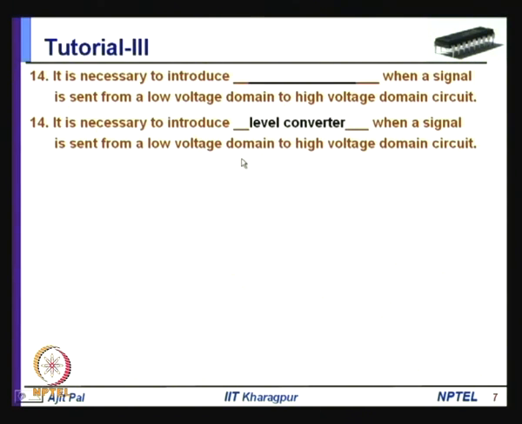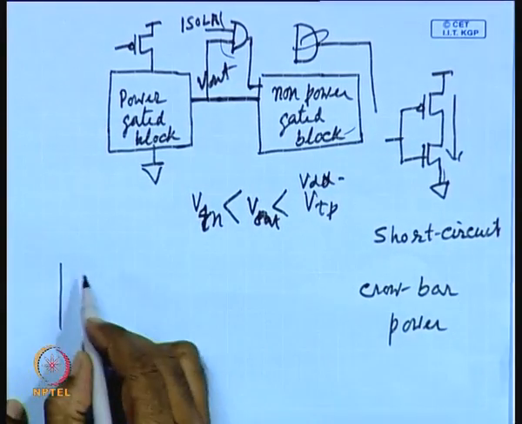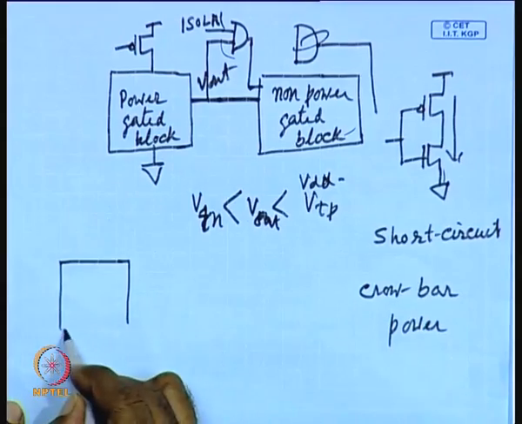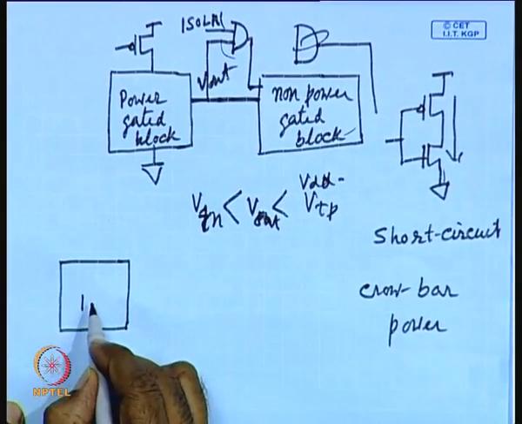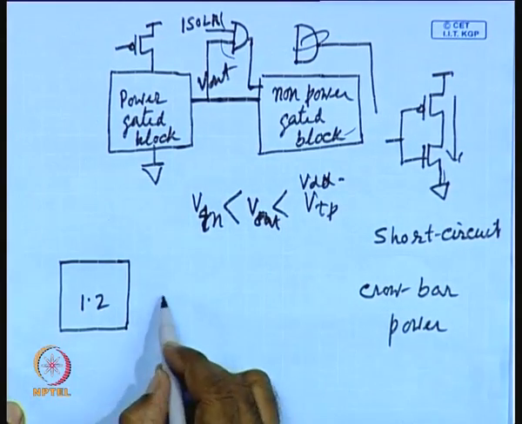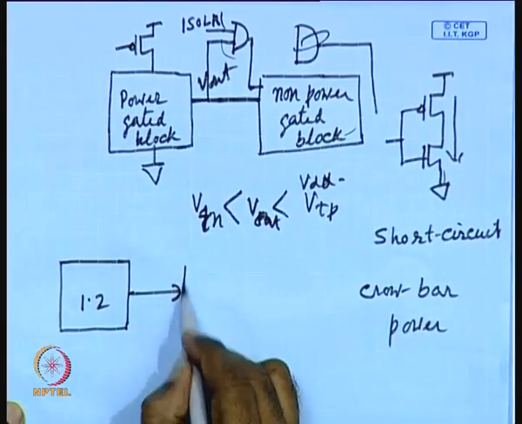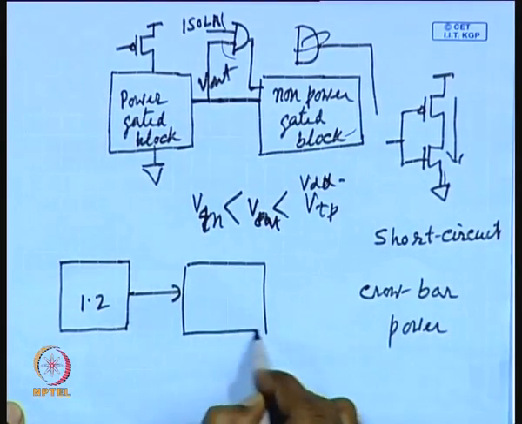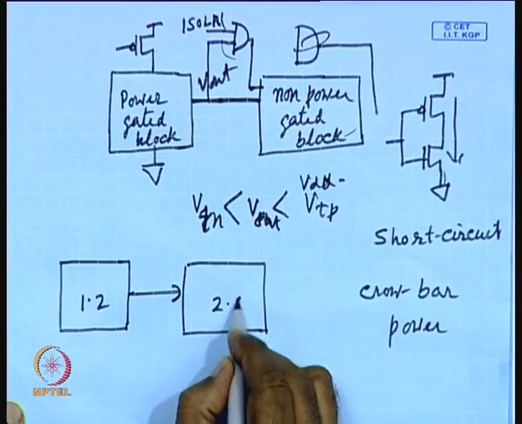I discussed about techniques where you have, say, 2 voltage domains. So, this is your low voltage domain, say maybe 1.2, and it is going to another voltage domain, and here let us assume the voltage is 2.0.